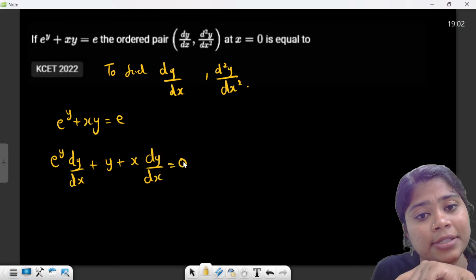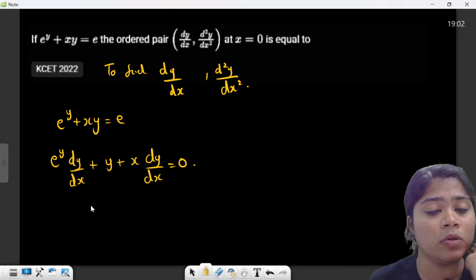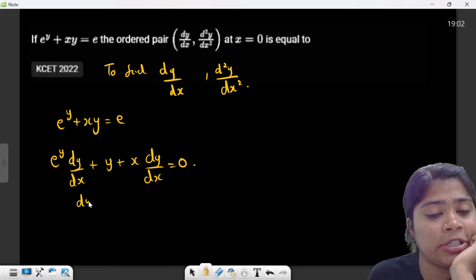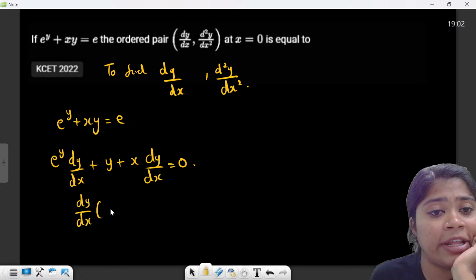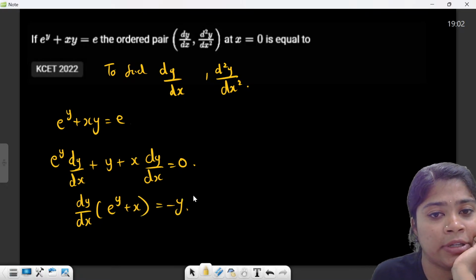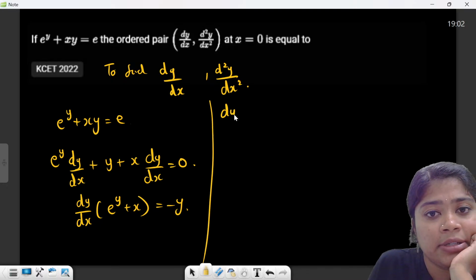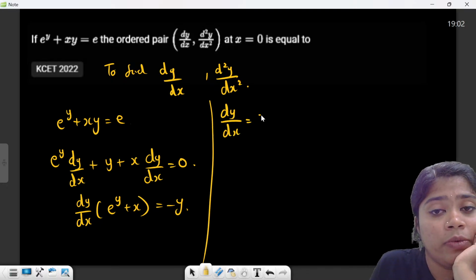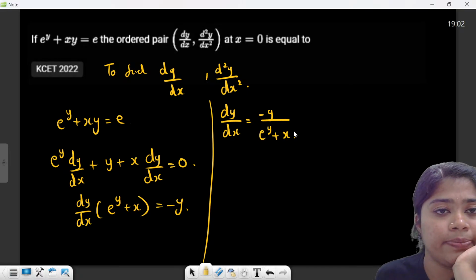So you will be getting 0 on the right side. Now we are finding dy by dx. Take dy by dx common: e power y plus x is equal to minus y. So dy by dx is equal to minus y divided by e power y plus x.